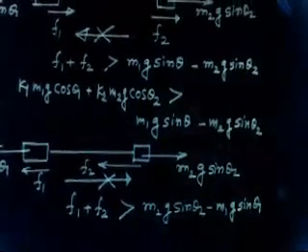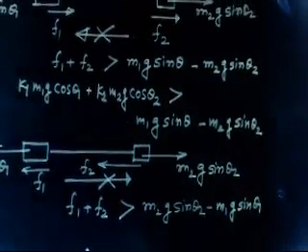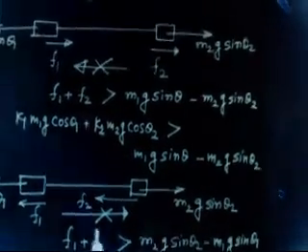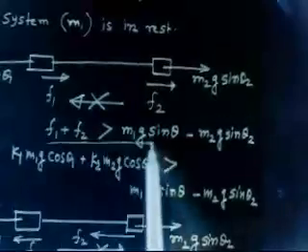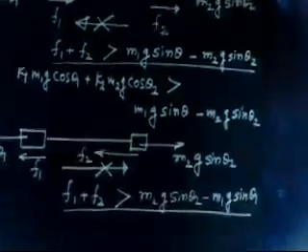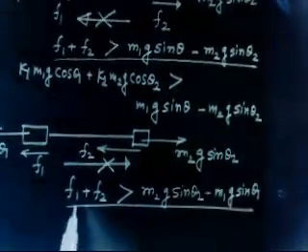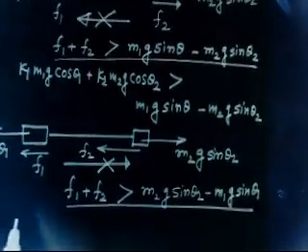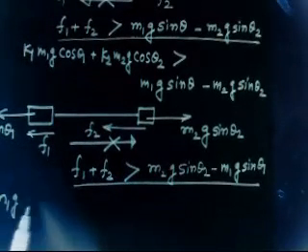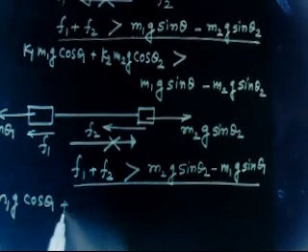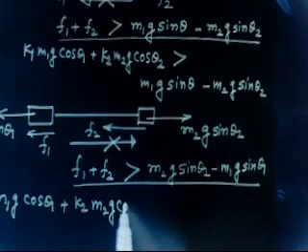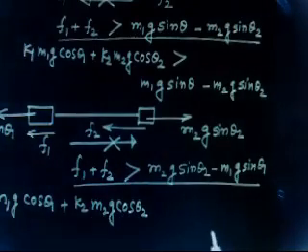So you see what condition I am getting. In one case, F1 plus F2 should be greater than this. In the previous case too, F1 plus F2 should be greater than this. So F1 plus F2 should be greater than this as well as this. Now you know the values of F1 and F2, so you can write K1 m1g cos theta 1 plus K2 m2g cos theta 2.